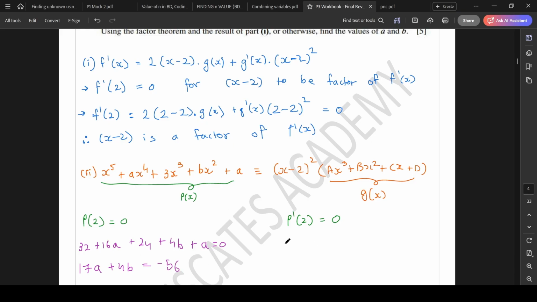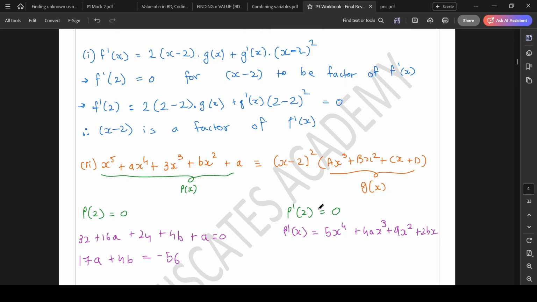And on the other side, I first need to take the derivative. So it will become 5x to the power of 4, plus 4ax cubed, plus 9x squared, plus 2bx.